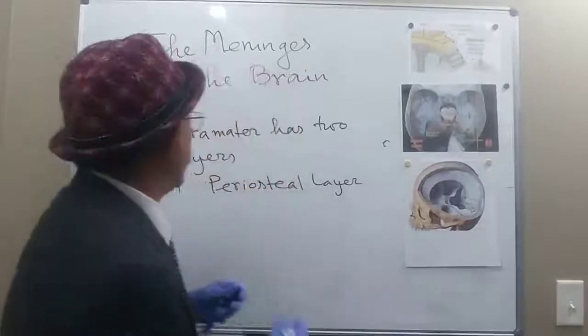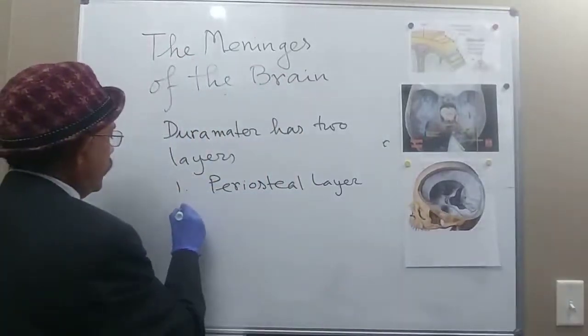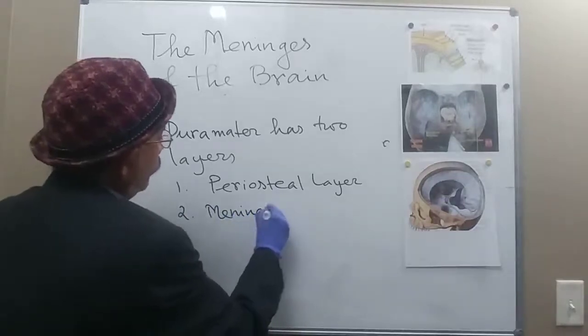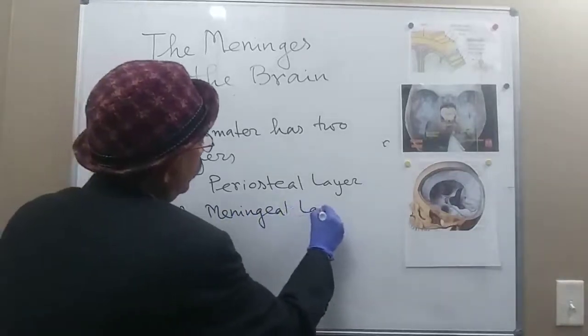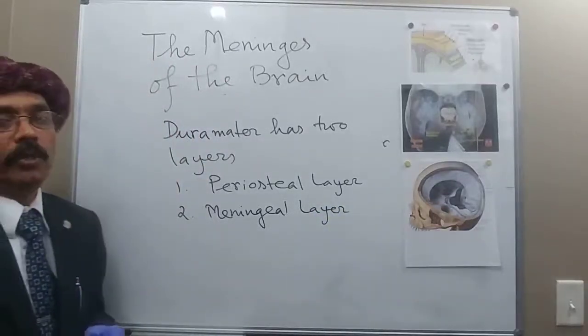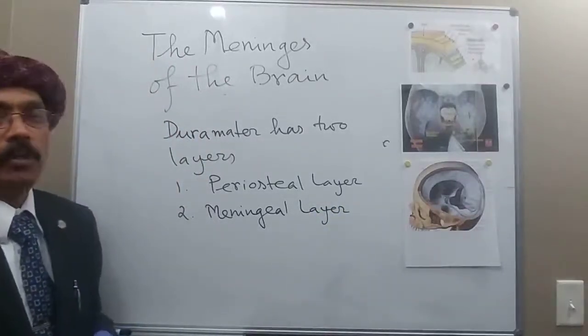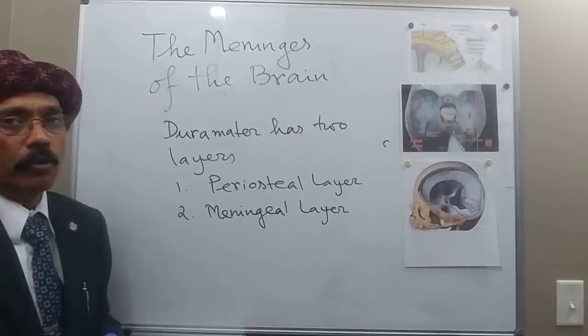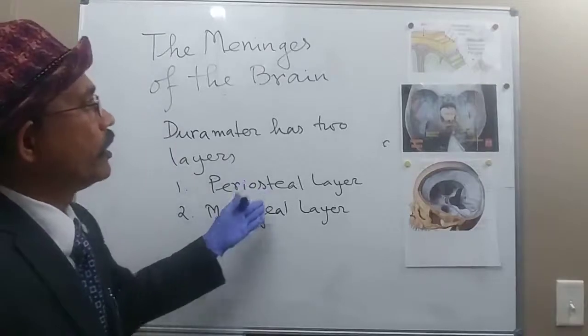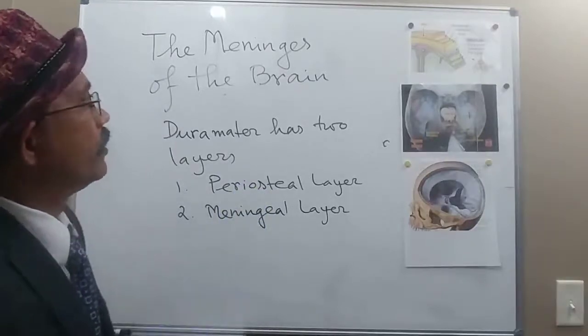The meningeal layer is continuous with the dura mater of the spinal cord. Okay, we have two layers, the periosteal layer and the meningeal layer.